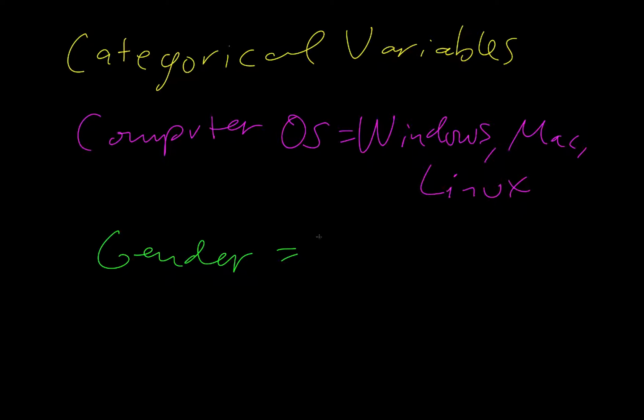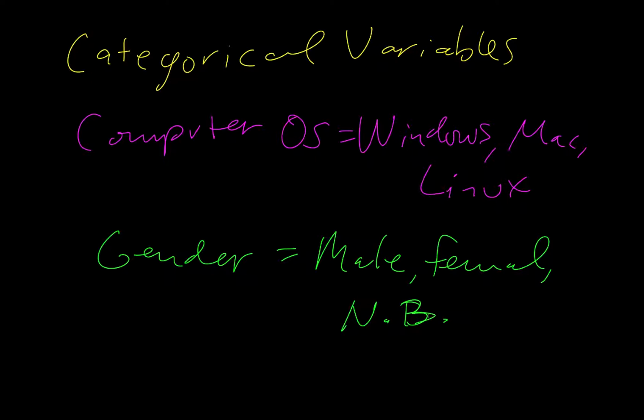Categories could be male, female, non-binary. We can even break those down into more specific gender categories, but that's just to give you an idea. So all those are considered categorical variables.